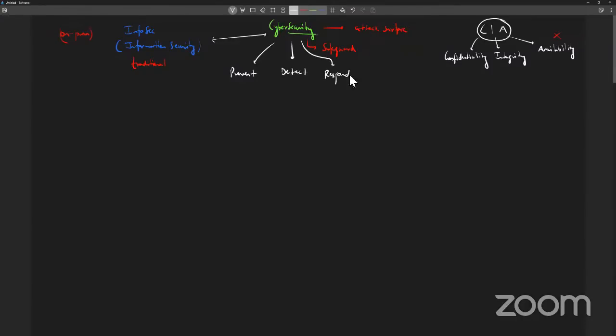How do we fix it? So prevent, detect, and respond. This is what should be the basis nowadays for organizations that are trying to do cybersecurity or trying to protect themselves.